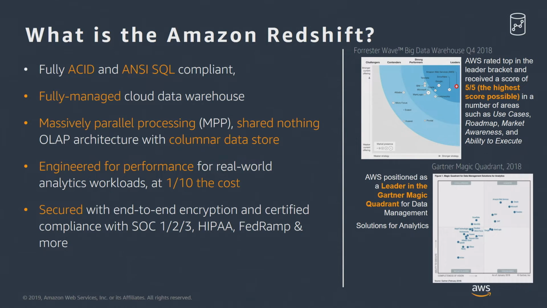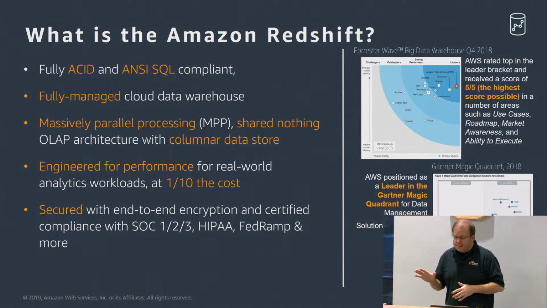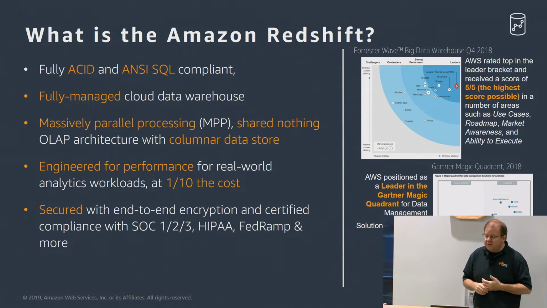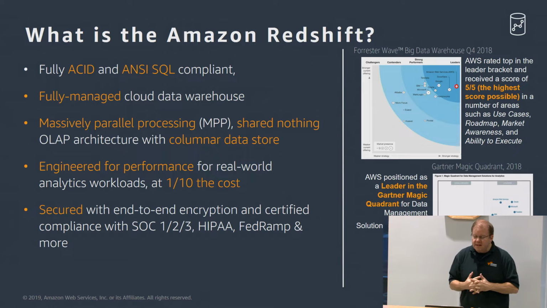And again, security is absolutely priority number one at AWS. We've got end-to-end encryption on your Redshift communication between the client, the server and back, and then we've got encryption at rest in the database engine, and then a number of certifications, including SOC 1, 2, and 3, HIPAA for healthcare applications, FedRAMP for government applications, and many, many more.